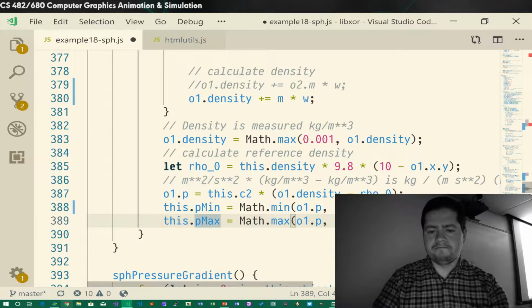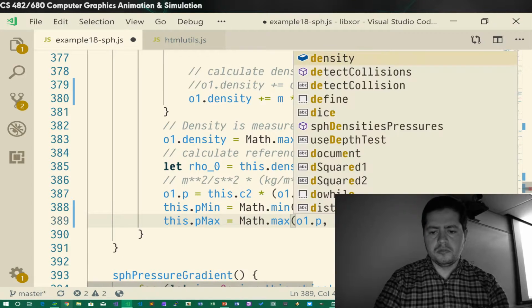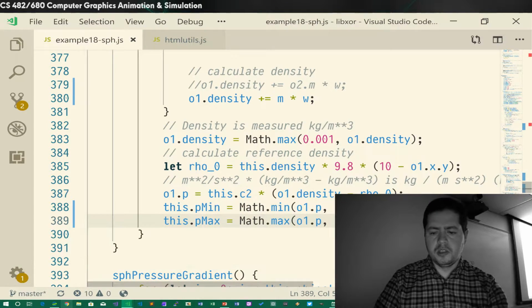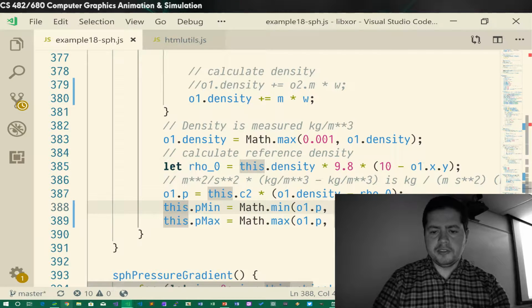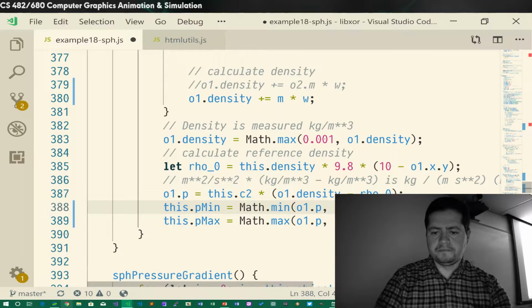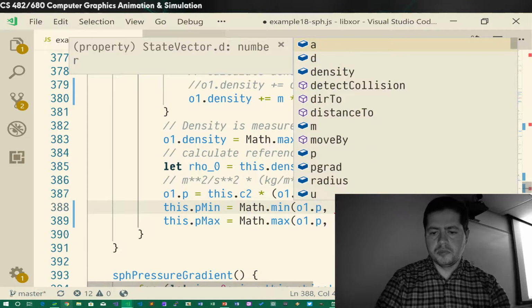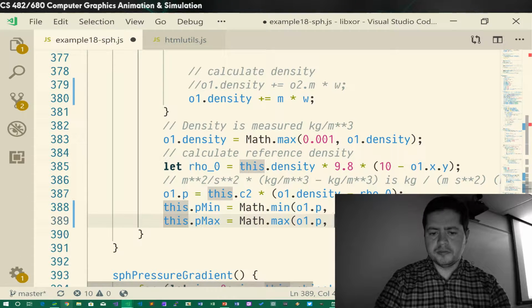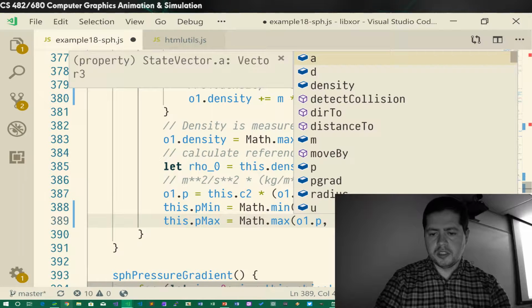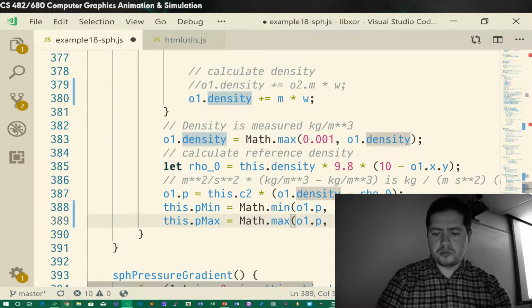Let's look at, let's calculate the density minus rho naught.